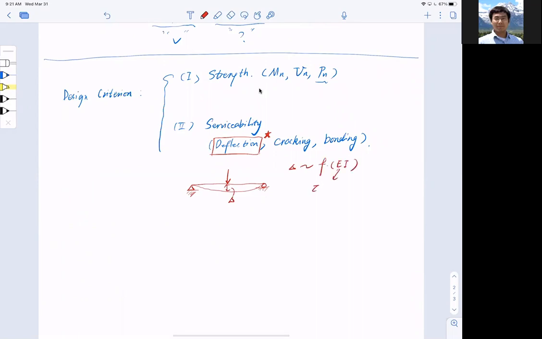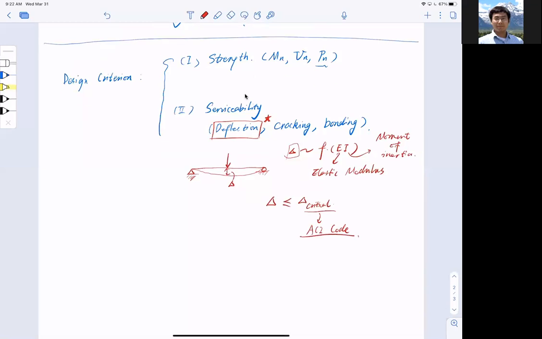E is the elastic modulus or Young's modulus, and I is the moment of inertia. That is to say, if we were given the E and I for a section, I can calculate my deflection, right? So the game is straightforward. We just have to satisfy delta being smaller than the delta critical, and this is from the ACI code, right? Then we're fine.